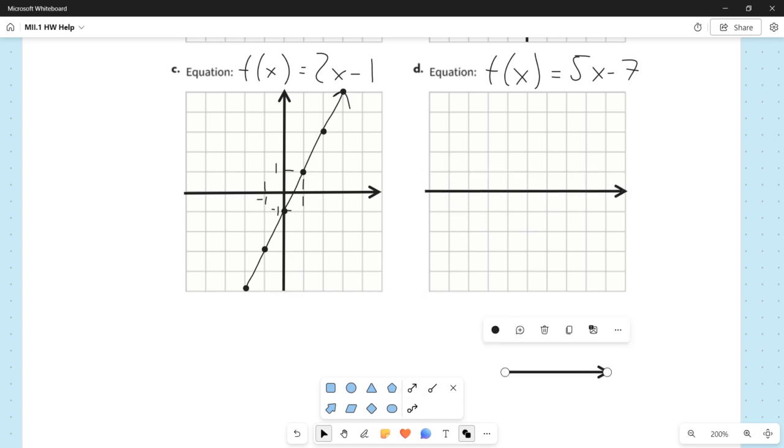There's our x-axis. There's our y-axis. And this time, it's going to be pretty similar to C.